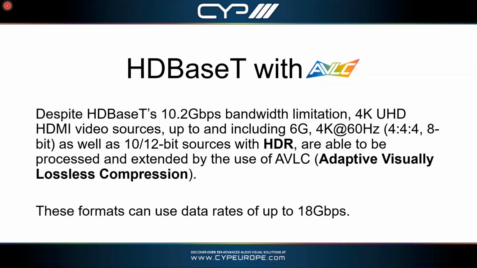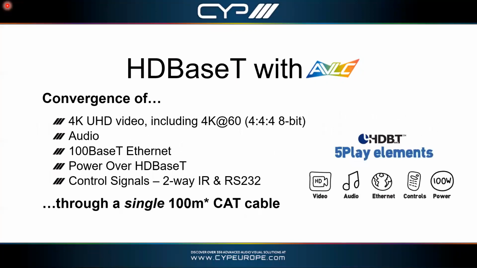And we've done side-by-side comparisons of these at ISE for the last few years, and probably 99% of people just have to take a pure guess as to which one is native content and which one is running through our AVLC technology, because the image quality is just that close. So 4K and UHD, it maintains the proper HDR as well.